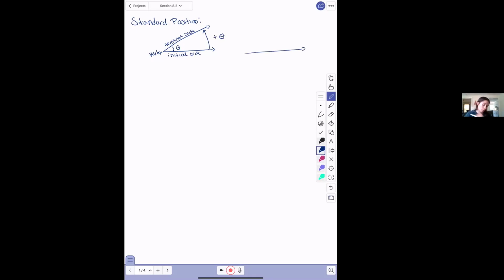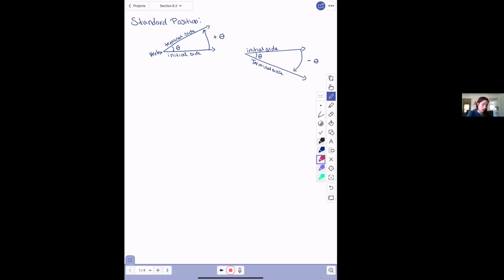Another case, when we're still in a standard position, we have the initial side here, and then the terminal side. If we're opening down, in the clockwise rotation, this theta value is going to be negative. So we have a negative theta.